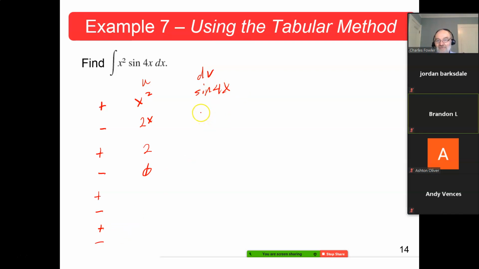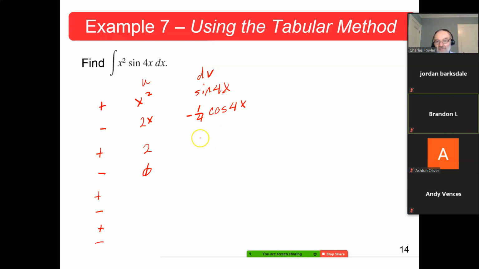The antiderivative of sine of 4x is going to be 1/4 cosine of 4x. Okay, except that's going to be a minus. Not having to do with this minus over here. These are just alternating signs. This is going to be minus because the antiderivative of sine is minus cosine.